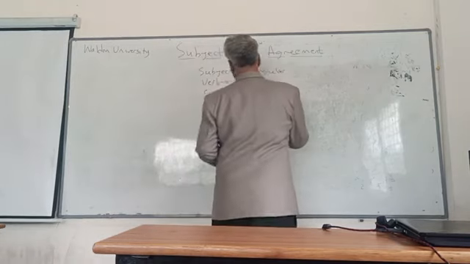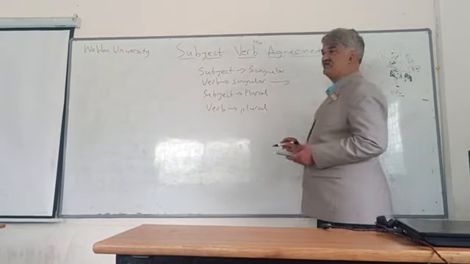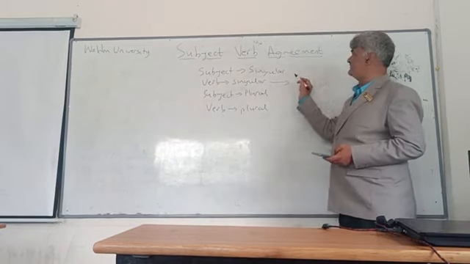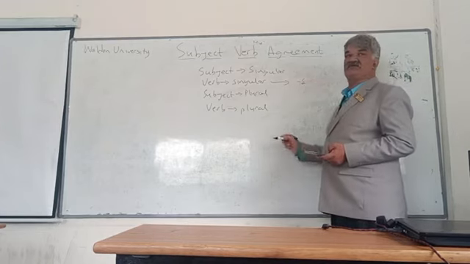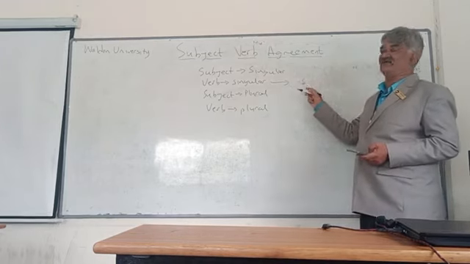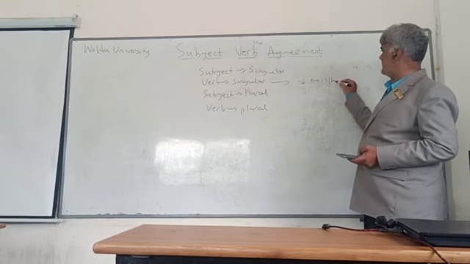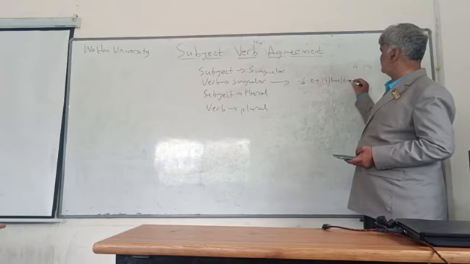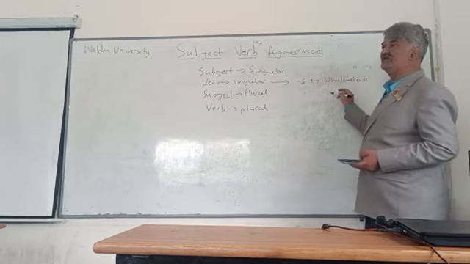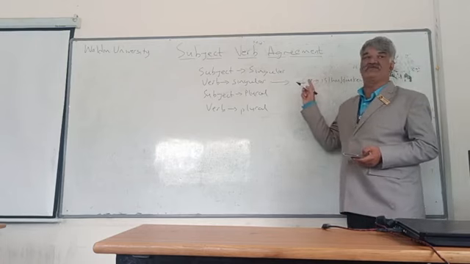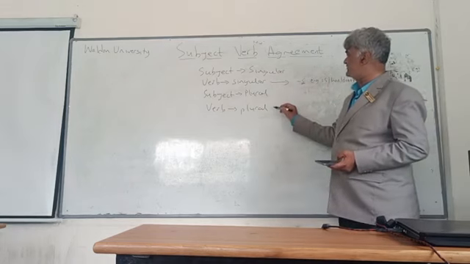Now, let's see. First, I'll tell you how to identify singular verbs. Singular verbs end with the suffix s. Examples of these are is, has, does, reads, etc. And what about plural verbs?